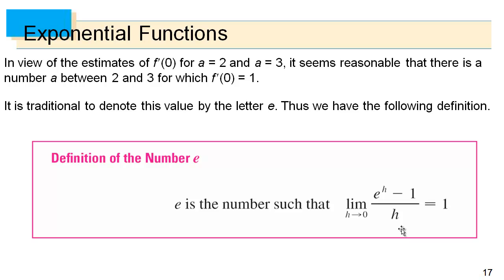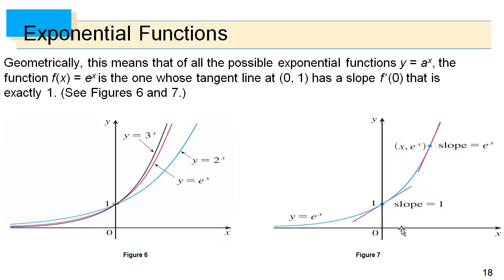We found the number where this limit ends up giving us 1. Now, if you graph all those things, remember this whole derivative at 0 is just the slope of the tangent line at 0 when x equals 0. So each of these graphs over here on the left are going to have slopes going through that point.